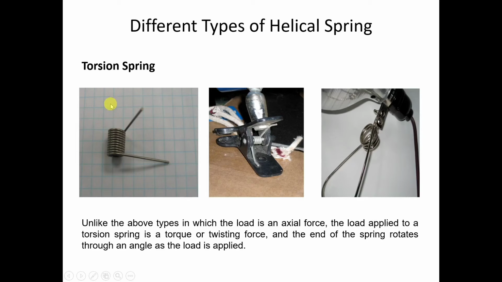But in case of a torsion spring, instead of applying an axial load, we apply load on this end as well as on this end. This type of spring you can easily find in some paper clips as well as the clips which we use for drying our clothes.